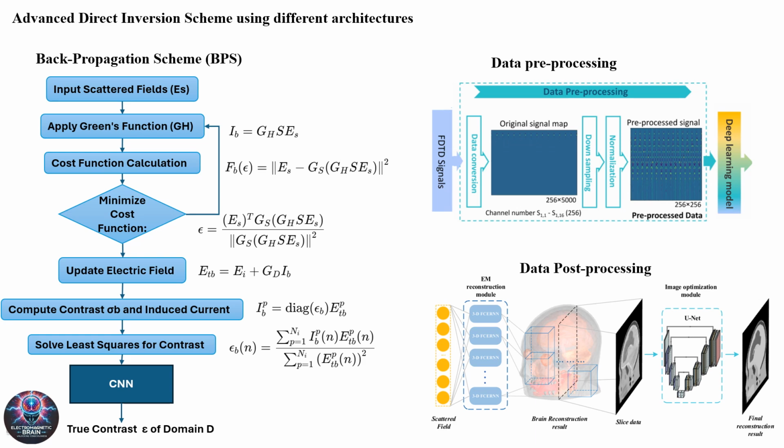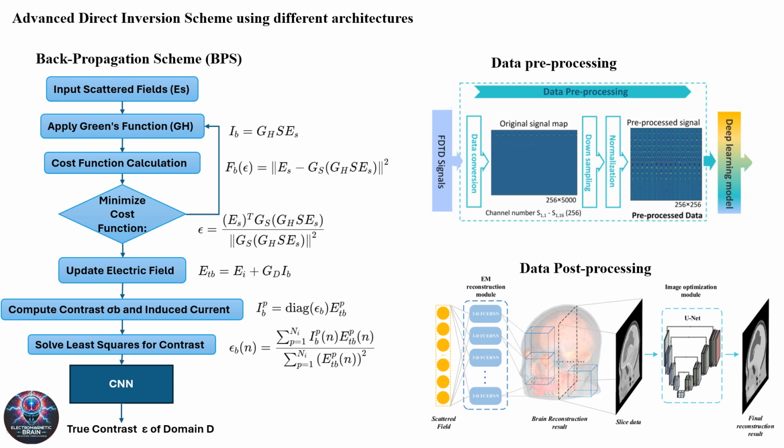The key idea behind BPS is that the induced current IB in the scattering medium is proportional to the backpropagated field, which is highly effective for reconstructing weak scattering objects. The mathematical representation of this process is demonstrated in each step. The BPS workflow improves the reconstruction of permittivity profiles by considering the interaction between the induced current and total field, particularly for weak scattering objects.